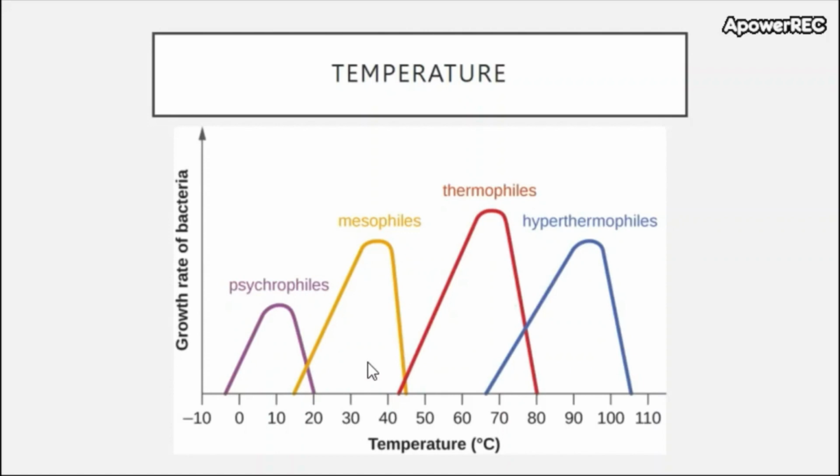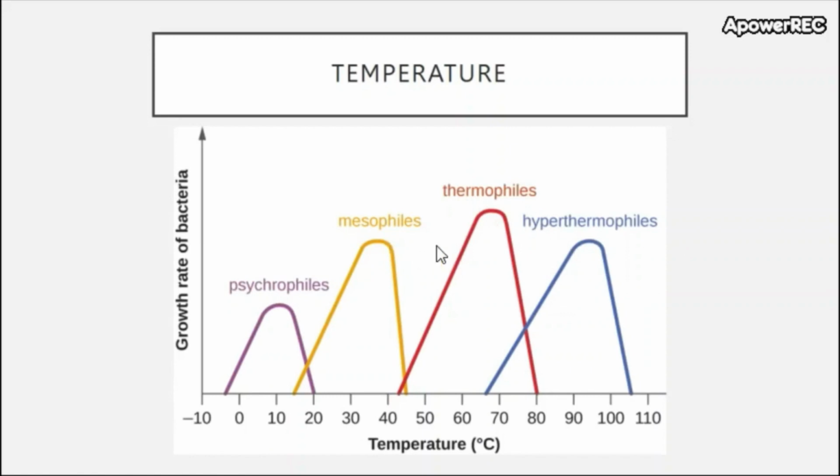And you won't necessarily need to know the very precise value, but if I give you a temperature, you should be able to tell me if that is an example of where you'd find those microbes growing. You should be able to tell me if it's a psychrophile, a mesophile, a thermophile, or a hyperthermophile.